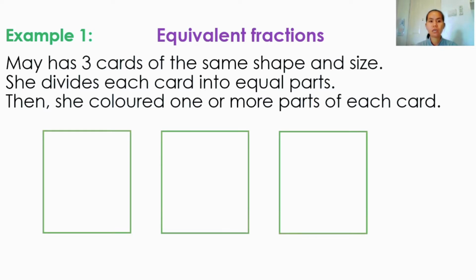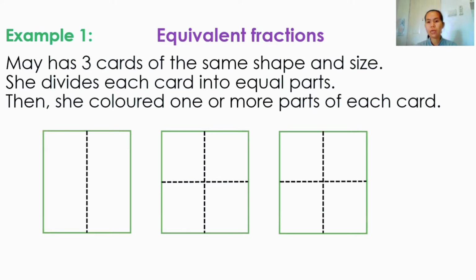She divides each card into equal parts. For the first card, she divided it into 2 parts. For the second card, she divided it into 4 parts. And for the third card, she divided it into 8 parts. 1, 2, 3, 4, 5, 6, 7, 8.